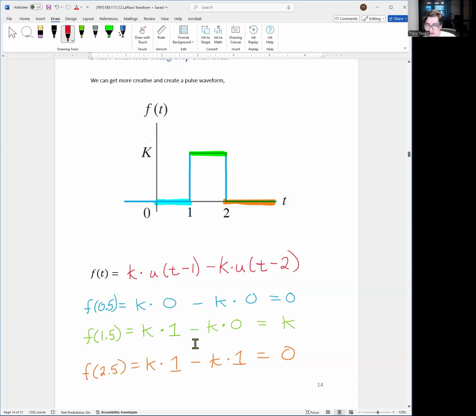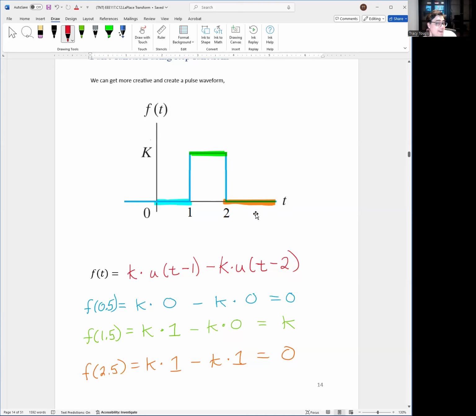We're going to subtract right here minus k times u of t minus 2. We plug in a t of 2.5, so 2.5 minus 2 is positive 0.5. So this is also a 1 as well. We bring that down here, we have k minus k times 1. So overall, we have k times 1 minus k times 1. They cancel out to 0, and we have a flat 0 over here.